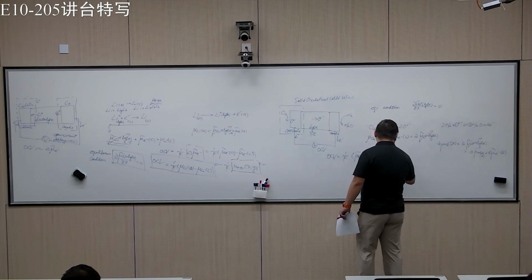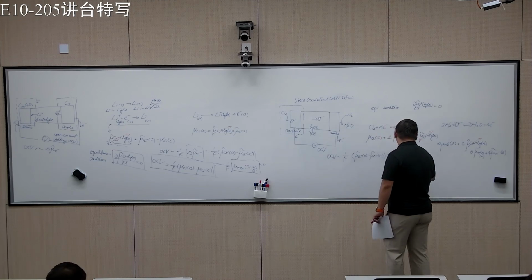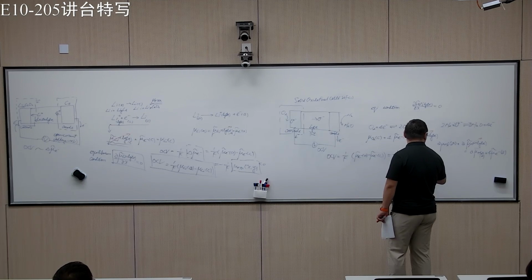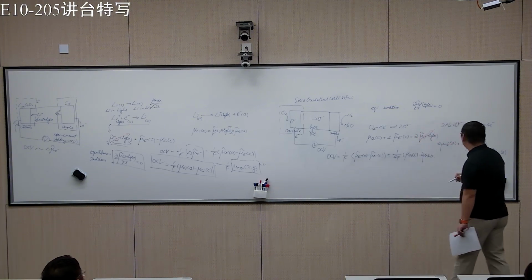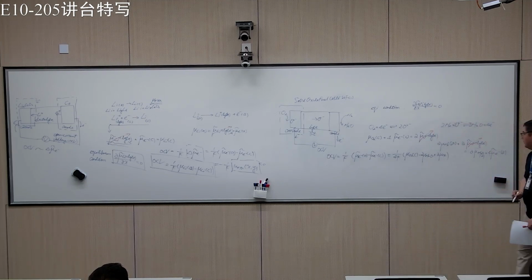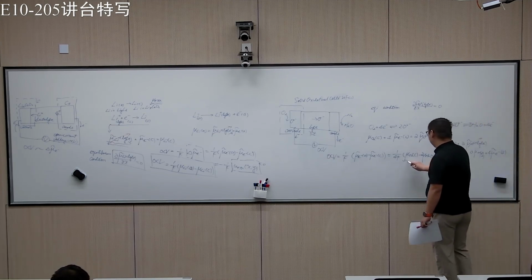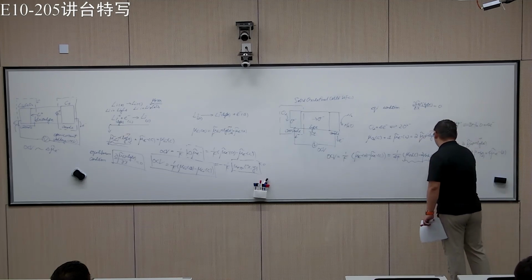So basically you have 4, then you have the mu of O2 at the cathode, then 2 times actually, then plus 2. So again, these are basically the anode.